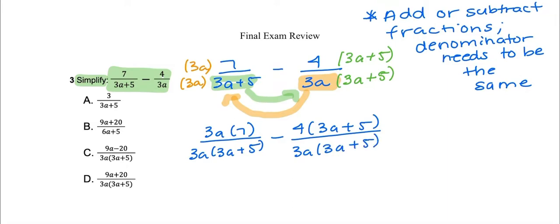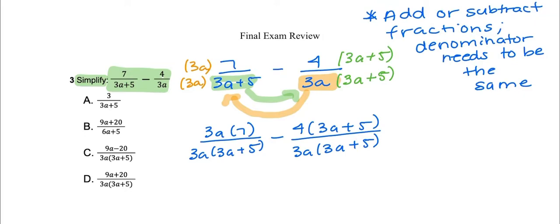And now if you look at your denominators, both of your denominators are the same, right? 3a times 3a plus 5, 3a times 3a plus 5. So now that they both have the same denominator, I can combine my numerators together into one fraction. So now instead of having two fractions, I'm going to combine them as one fraction.